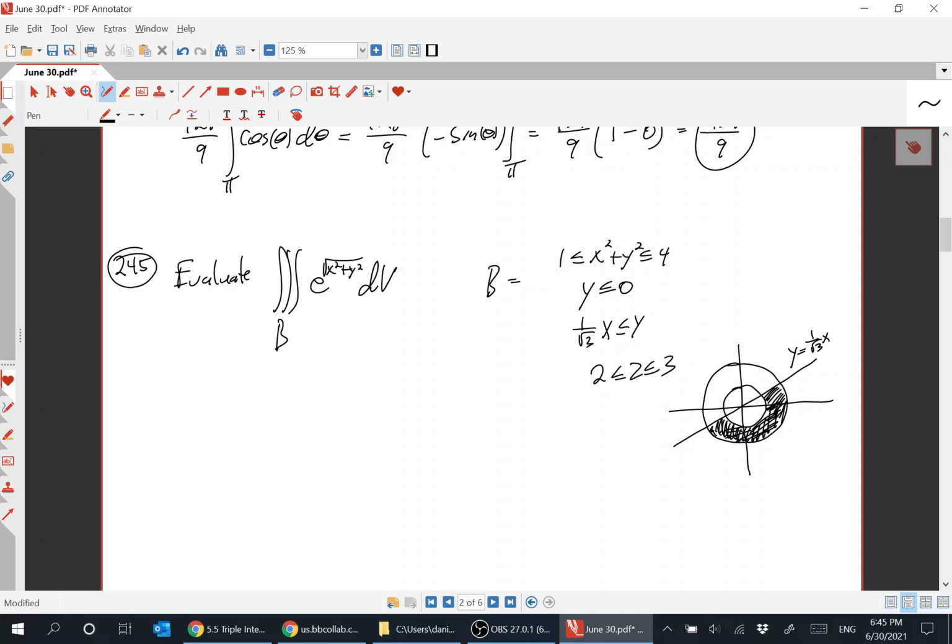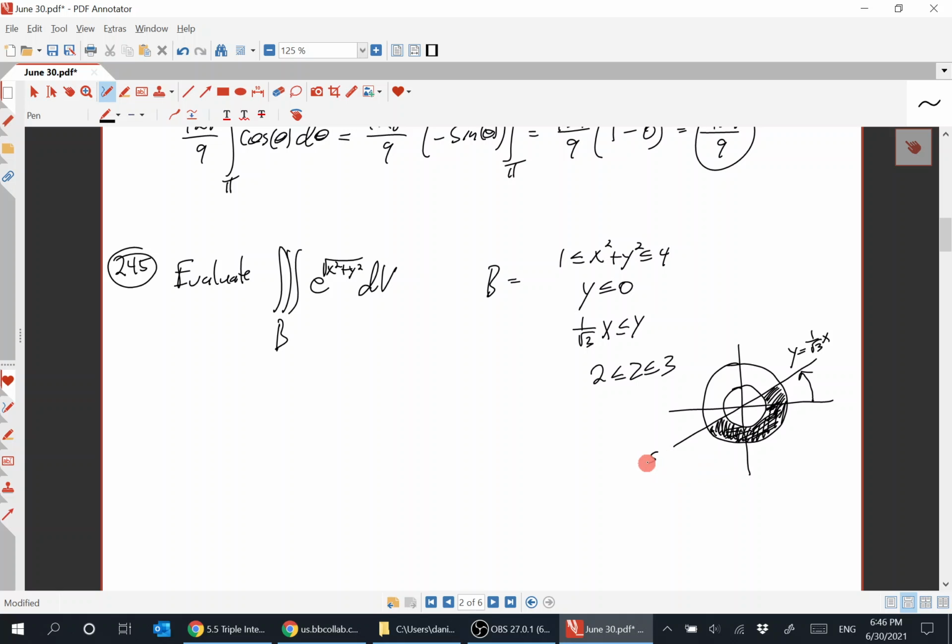What is the angle of this line? What is this angle here? How do you get the angle of a line through the origin in polar coordinates?